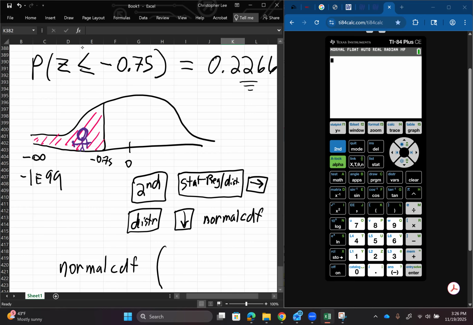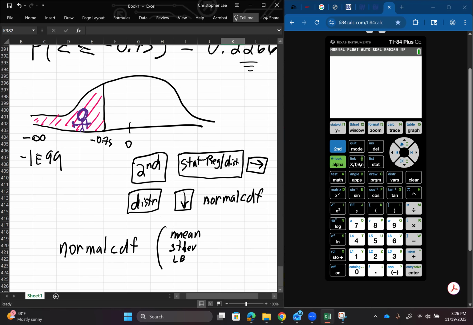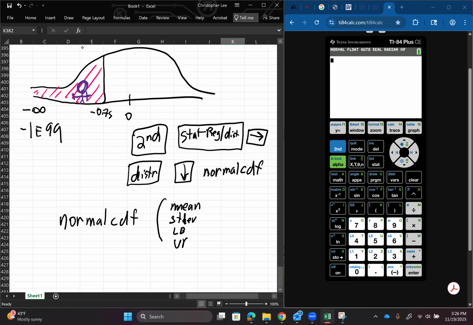They're going to ask you about your mean, your standard deviation, a lower bound, and an upper bound, right? For a normal distribution, your mean is always 0 and your standard deviation is always 1.